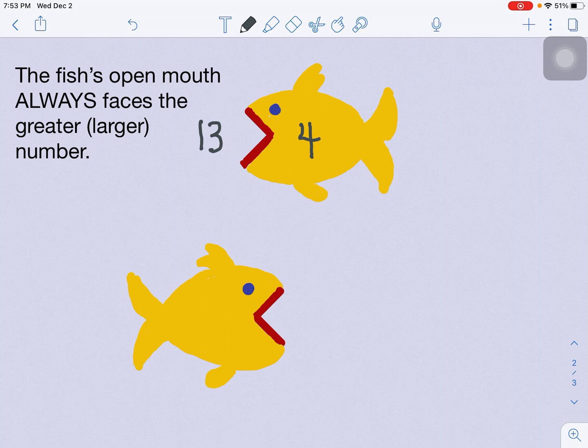These are some hungry goldfish, and they want to eat as much as they can. So they're going to want to open their mouth when they see 13 because they're going to get more food. Down below, if I'm writing it another way, I would think of it as 4 is less than 13. So again, the numbers and the sign can go either way, but the fish's mouth is always going to be open to the larger or the greater number.